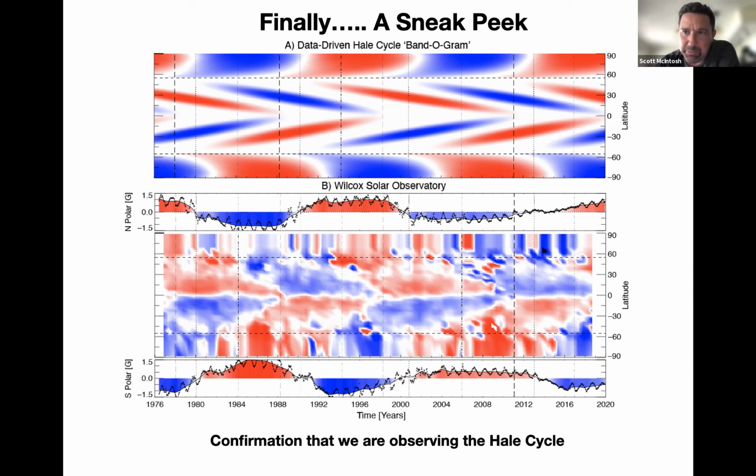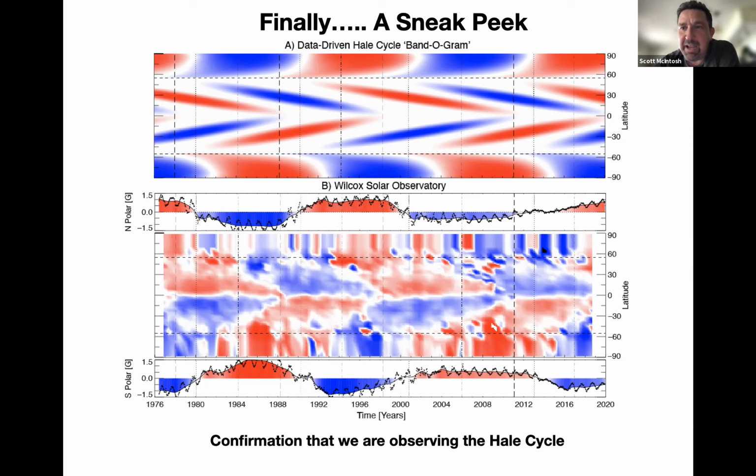But in the middle of those is the progression of the sun's toroidal magnetic field as observed on the sun's disk for the last 40 years. Now tell me, does it look at all like the crazy conceptual cartoon thing that we have at the top? This looks to me like we're observing the Hale cycle.